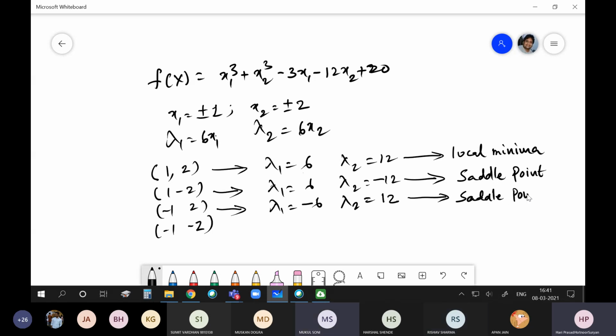Do you know what you mean by saddle? What is saddle? Neither maximum nor minimum. That is okay mathematically, but actually what is a saddle? Sir, the point where the function changes its concavity.